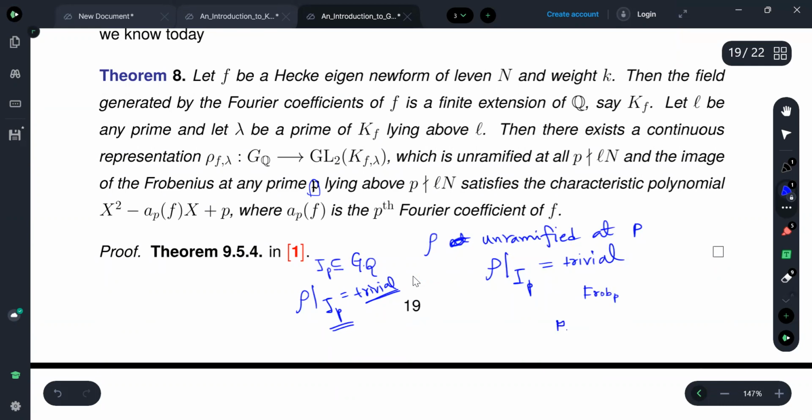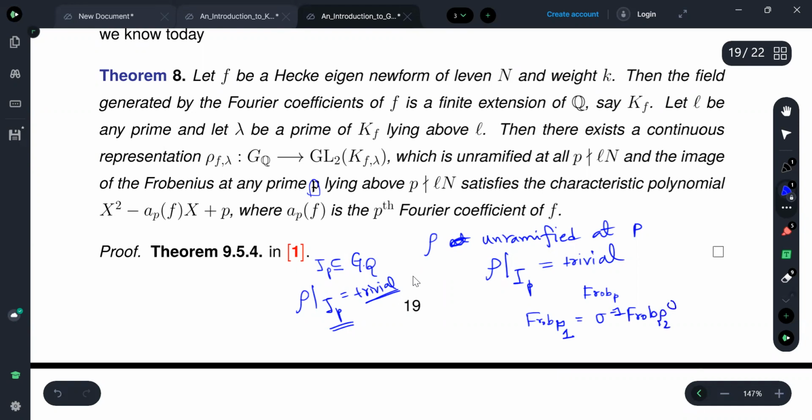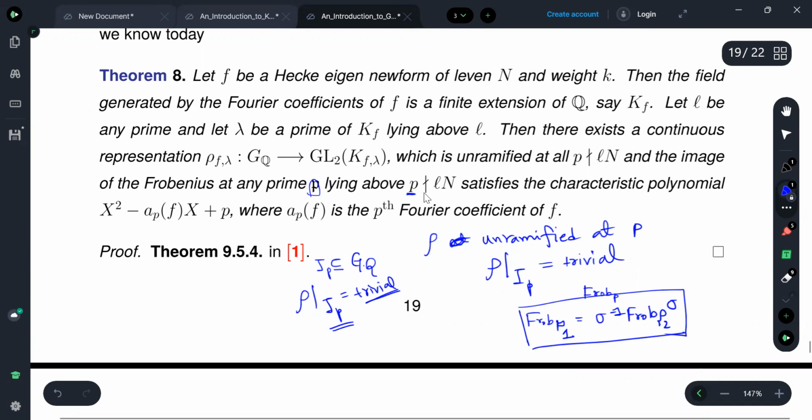So if you take a different prime above p, P1, then the Frobenius element of that will be just conjugate by one element sigma of the Galois group. So that's why, up to conjugacy, the Frobenius element at p is unique. So it doesn't depend on the choice of the prime you are choosing lying above p.